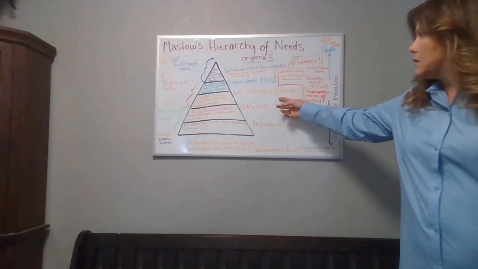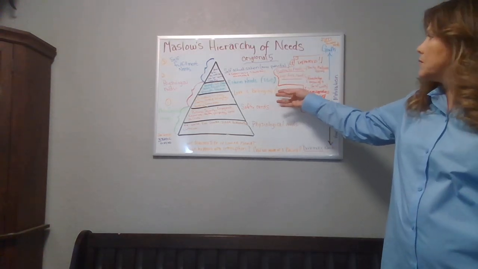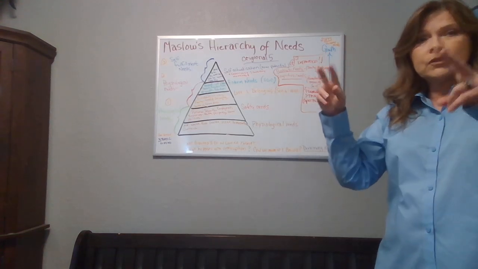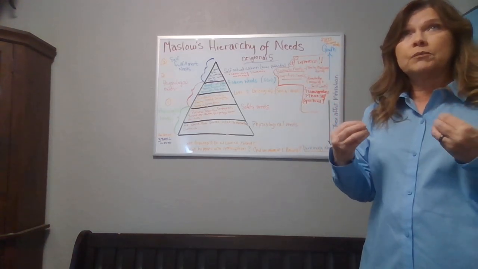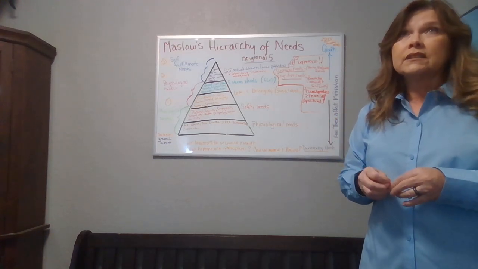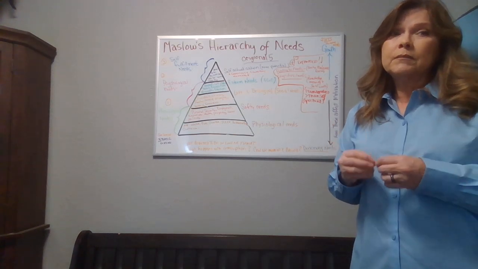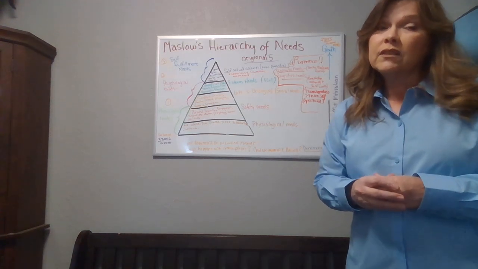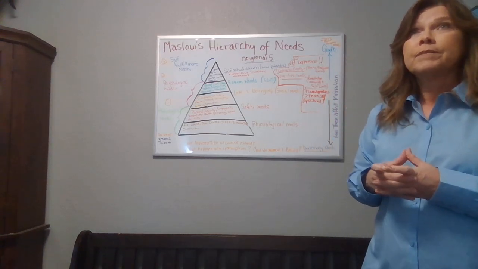So we're also going to move up, once we've got their safety issues taken care of, into our love and belonging or our social needs. Our social needs are where we experience the human need for interpersonal relationships, connectedness, being part of a group. So we need to make sure that we see them and we hear them and that they feel seen and heard when we're talking to our patients.